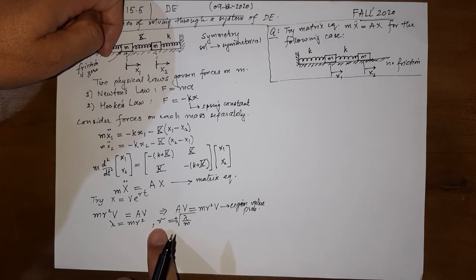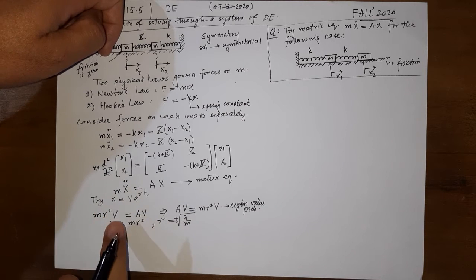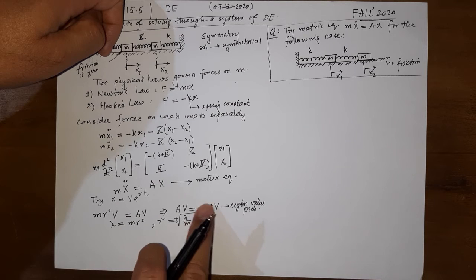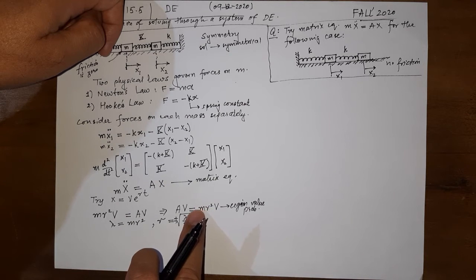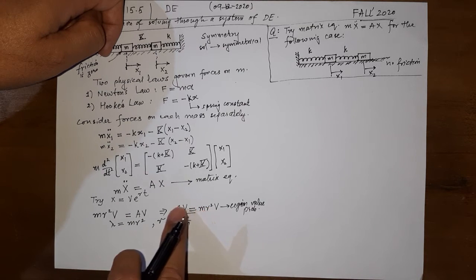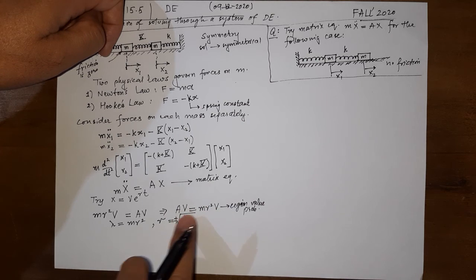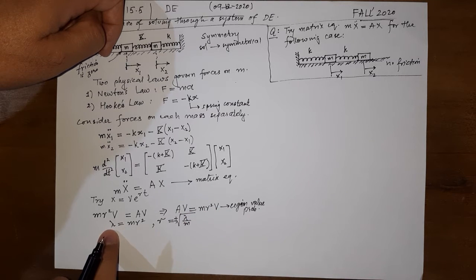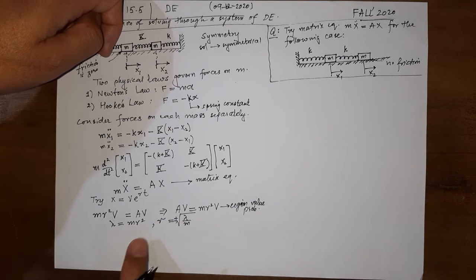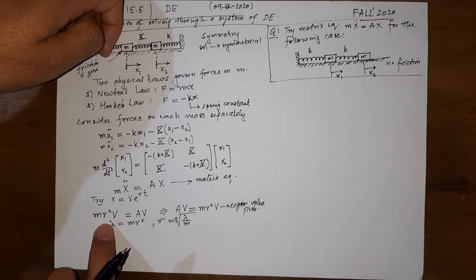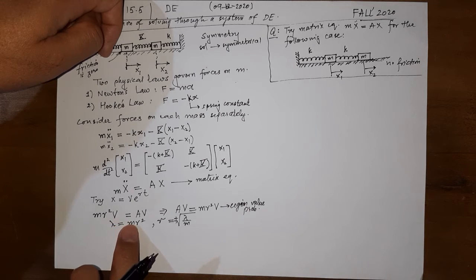Because of the second order differential equation, if we take m r square equal to lambda, it is the same eigenvalue problem, and we get two values of lambda, but for each value of lambda we get two values of r. So in total we are going to get four values of r. For one value of lambda we get an eigenvector v1, and for the other value of lambda we get an eigenvector v2.